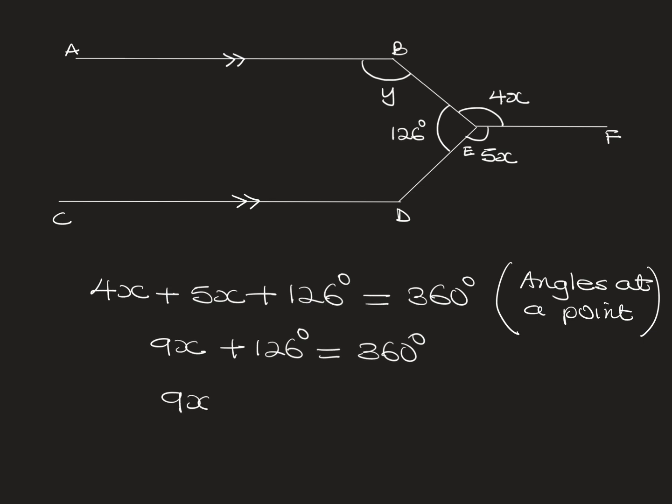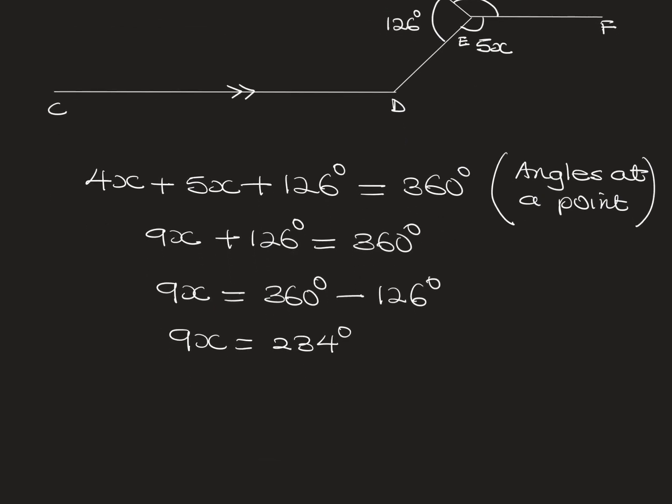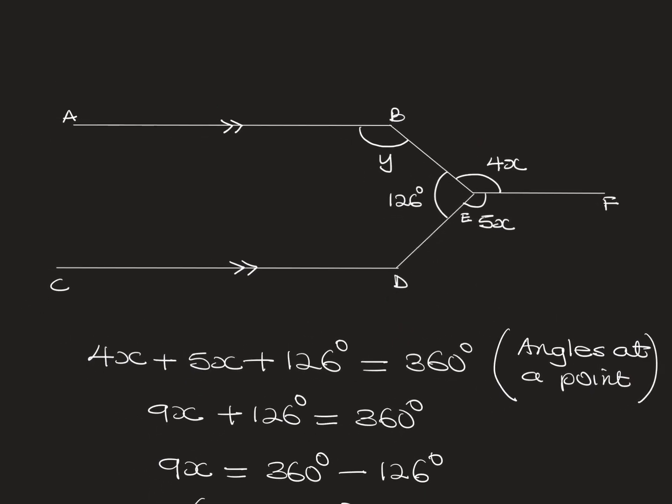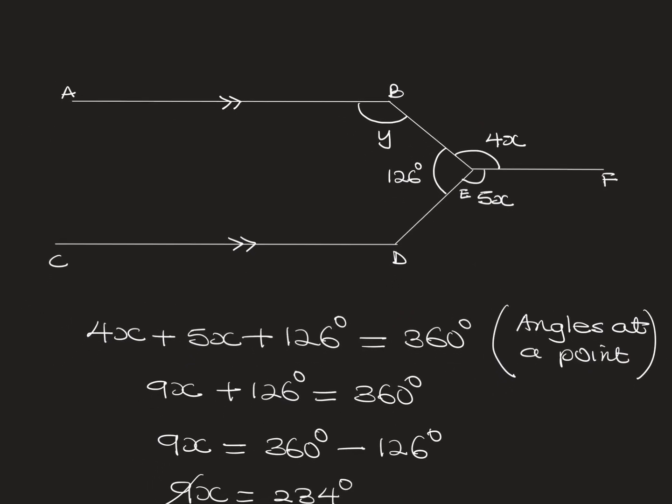So that is 9X is equal to 360 degrees minus 126 degrees. 9X will be equal to 234 degrees. So to find X, I divide both sides by 9. Then what will I have as X? X is equal to 234 divided by 9, which is 26 degrees. Okay, so the value of X is 26 degrees.